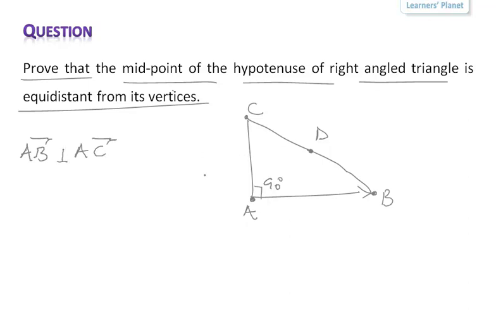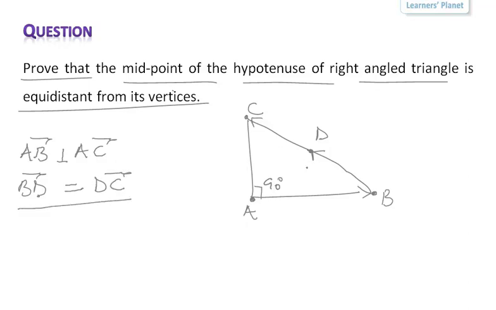And since D is the midpoint of BC, BD, that is this vector, will be equal to DC vector.